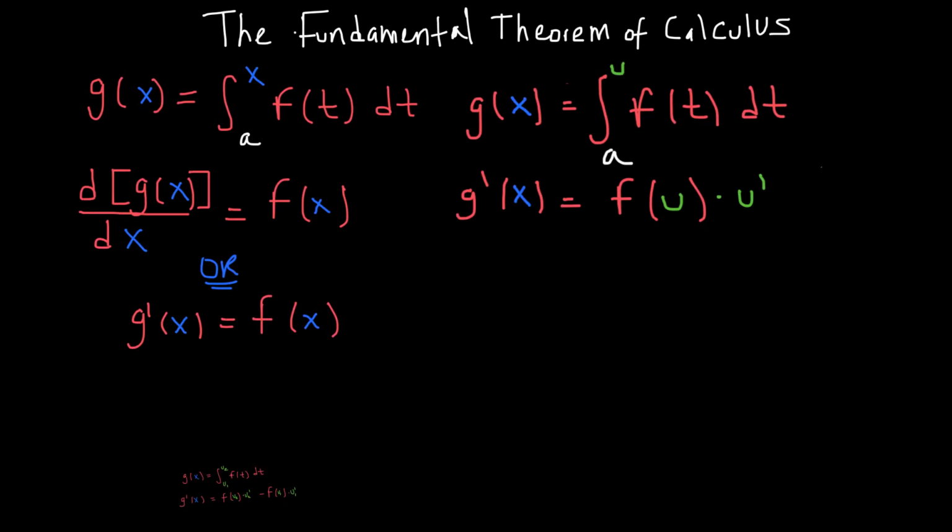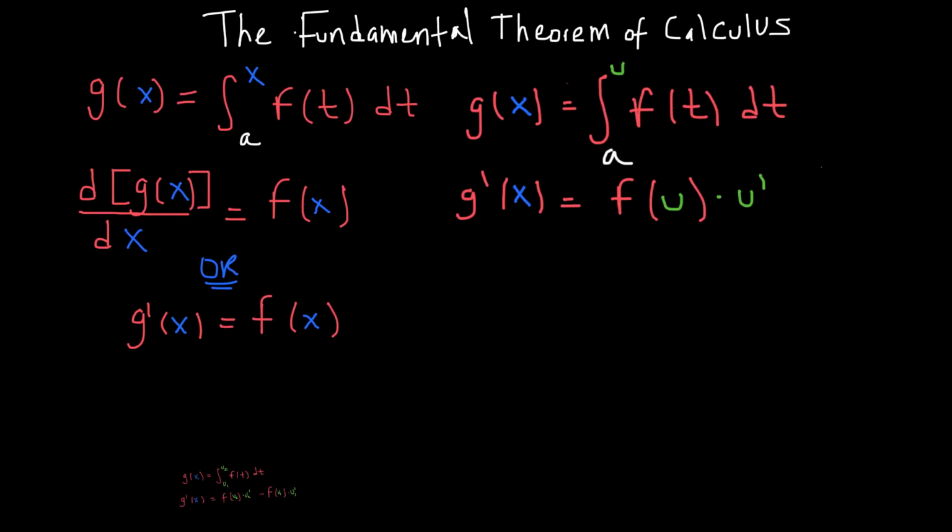And so the theorem applied to this function says that if you wanted to take the derivative of the antiderivative of f of t dt, then you are going to get f, but t becomes u, and then by the chain rule, because you are taking a derivative, after you do the substitution you have to multiply by du dx, or u prime.